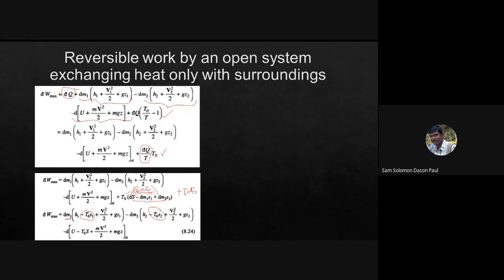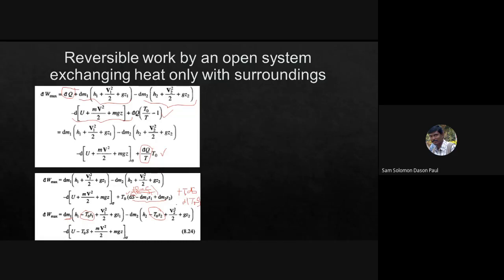Okay, and you already have a d of, that means change of u plus mv squared by 2 plus mgz. This t naught is constant, so there's no harm in writing t naught ds as d of t naught s, because if you differentiate it, what you will get is t naught into ds.